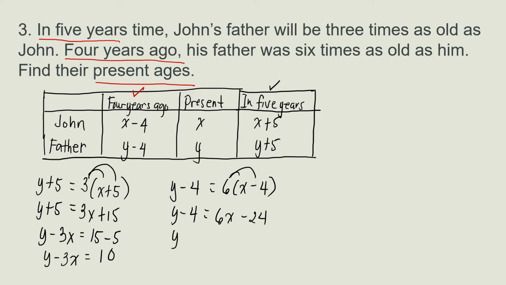So we will have y, transpose 6x, minus 6x, is equal to negative 24, transpose negative 4 to the right, that would be plus 4. So you have y minus 6x is equal to negative 24 plus 4, which is negative 20.